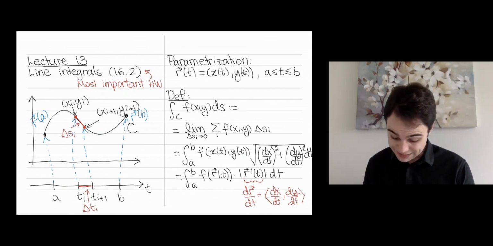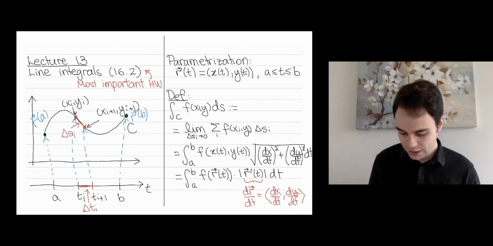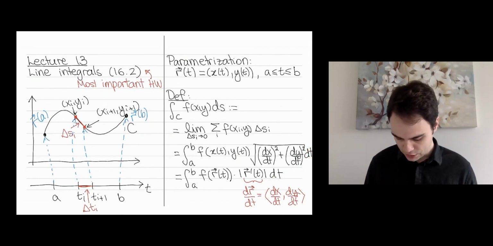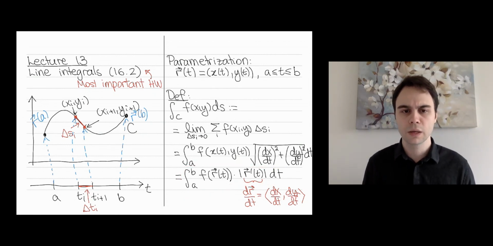And then if I take the length of this velocity, of the parameterization, I get the square root that we had before. And then the dt was there. So you see I just rewrote the integral above using vector notation.